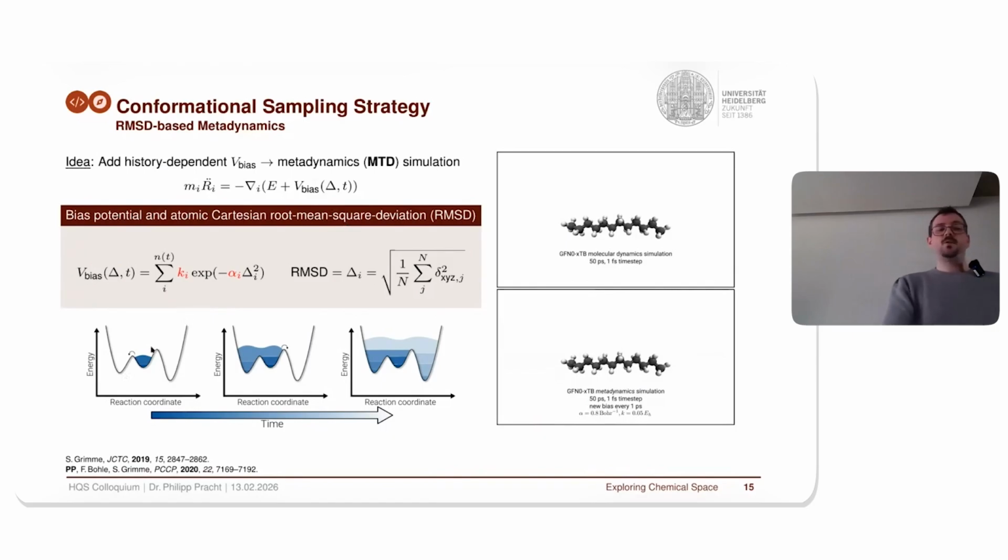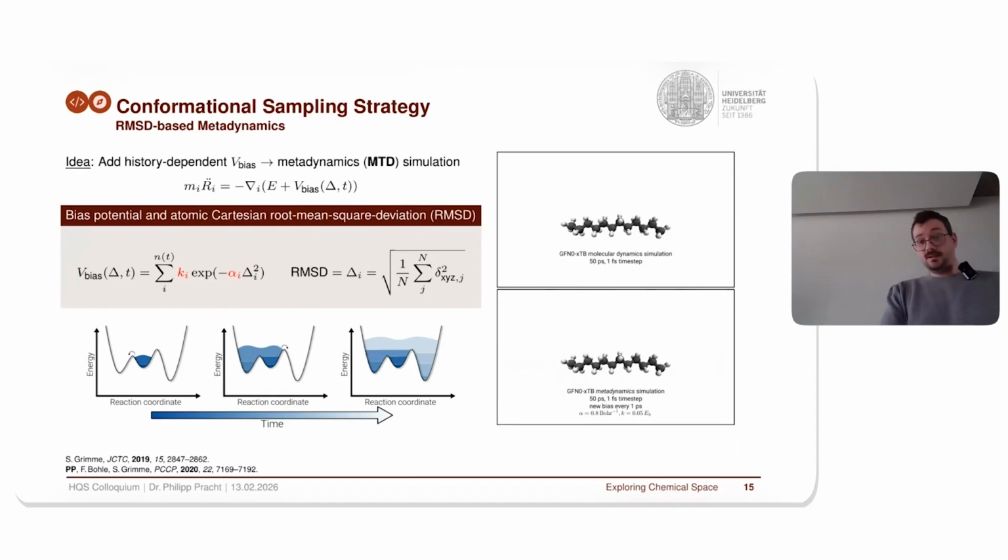What this means is, over time, we are filling up basins on the energy surface with these penalties, and the simulation will automatically explore new regions on the surface until we have it ideally all filled up with these penalties, and therefore explore the energy surface completely.